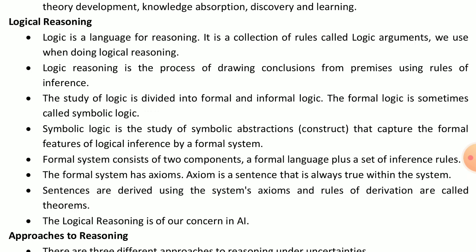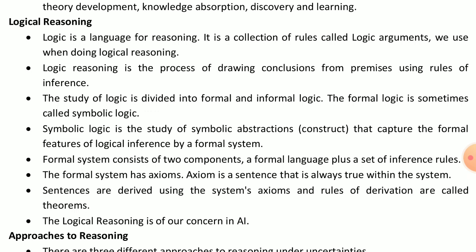Okay, when we are making some program, then we can use logic for that program. It is a collection of rules called logic arguments, and the collection of rules means one or more rules, and they are known as logic arguments, and we use them when doing logical reasoning, and then we can say that we are using logical reasoning.